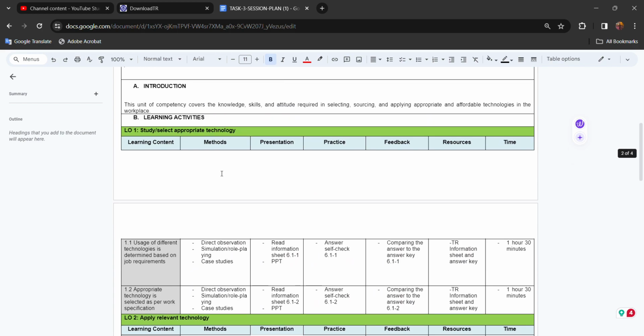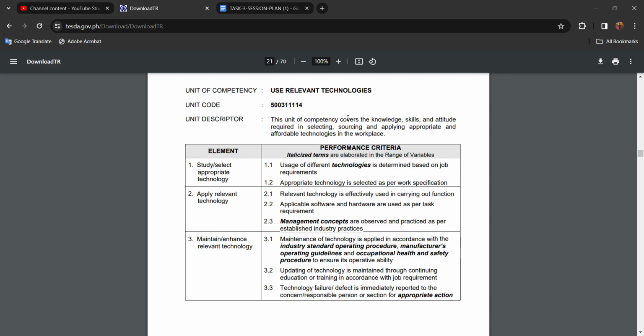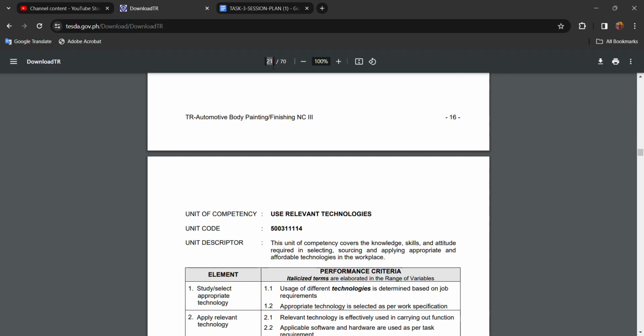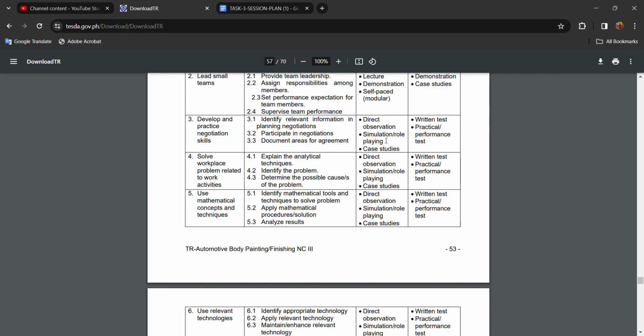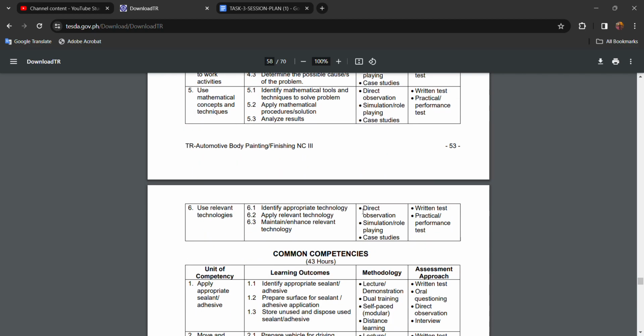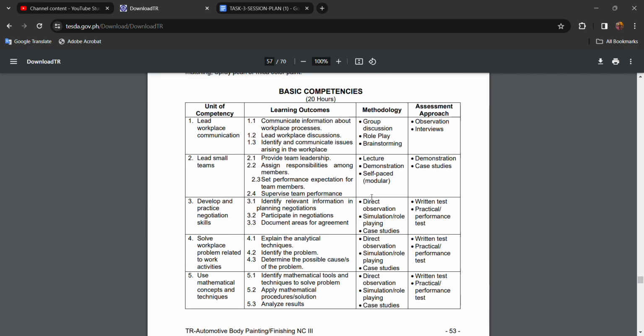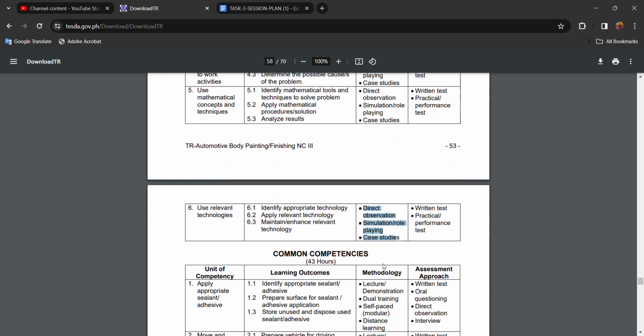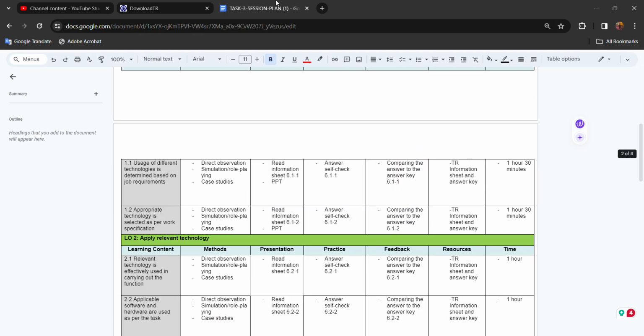And the method, I got from the methodology on page 57. Over here, I'm at the basic competency methodology. I got that, which is direct observation, simulation, role playing, case studies.